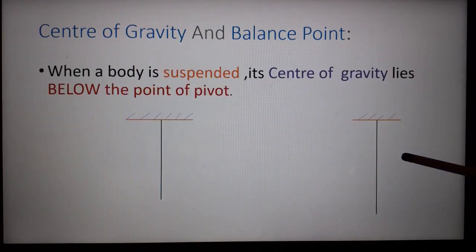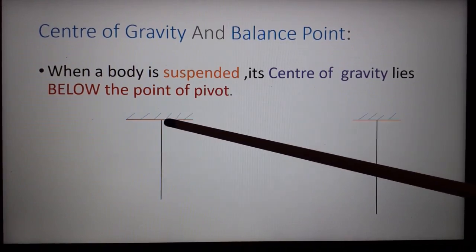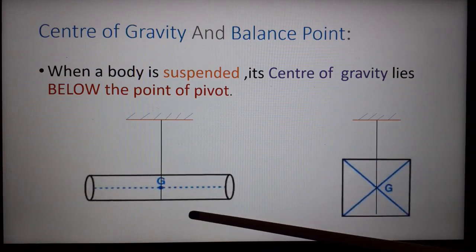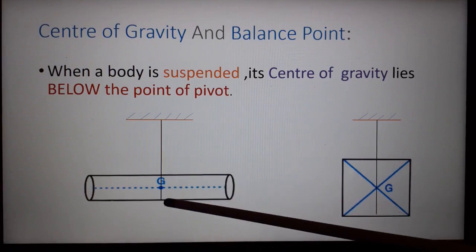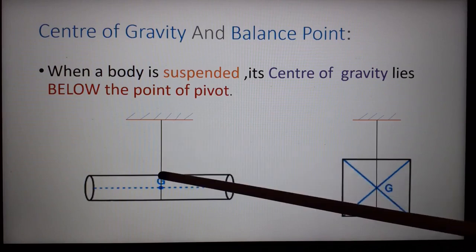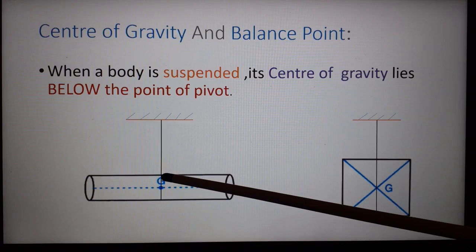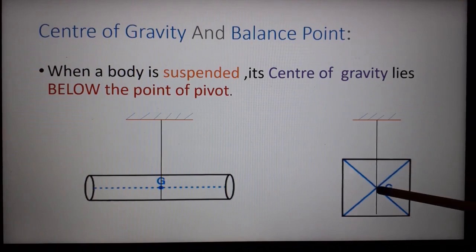Next, if you suspend an object, this is a rigid support, and with the help of a thread, we are going to suspend 2 objects, the same 2 objects which we considered in the previous slide. I have suspended them, tied them up with a string, right? Then the point of suspension should lie just above the center of gravity. Clear? Then your object is balanced.